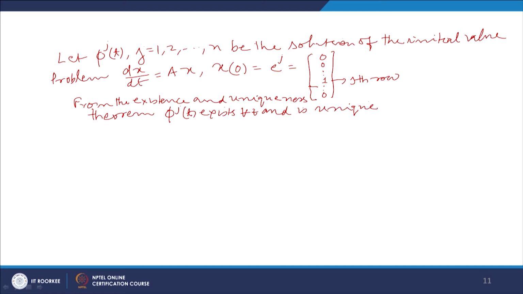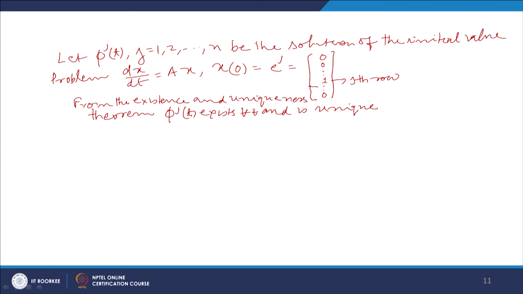So, let phi j(t), where j runs from 1 to n, be the solution of the initial value problem dx by dt equal to Ax, where the value of x at 0 is the vector Ej, where 1 occurs in the jth row. For example, for j equal to 1, phi 1(t) will be the solution of dx by dt equal to Ax, and x at 0 will be (1, 0, 0, and so on up to 0). We shall actually show that these n functions phi j(t) form a basis for the vector space B.